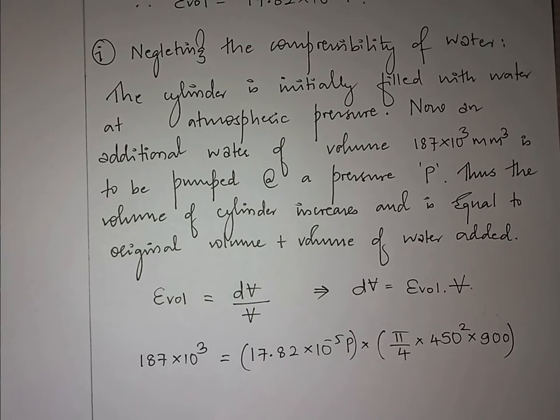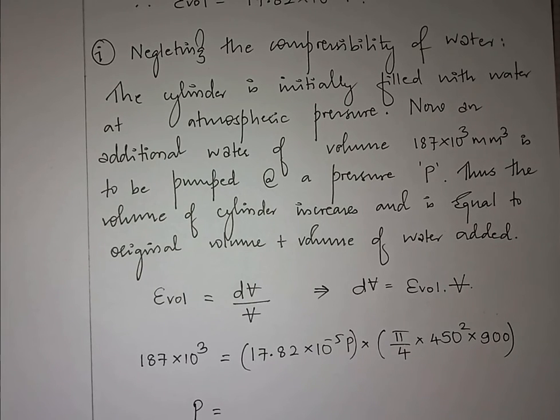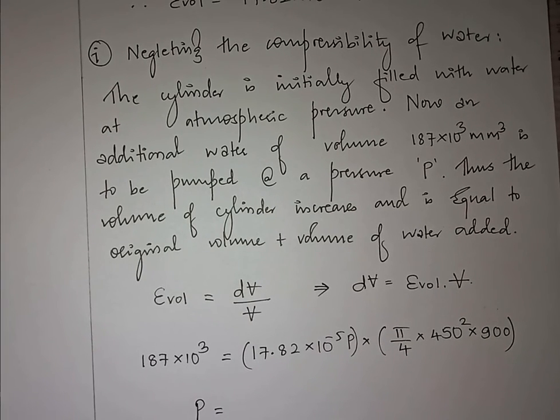I'll be getting the value of P as, so let me check what will be the value of P in this case. So it is 187 into 10 raised to 3 divided by pi by 4 into 450 square into 900 into 17.82 into 10 raised to minus 5.